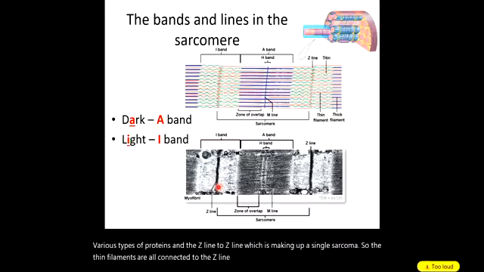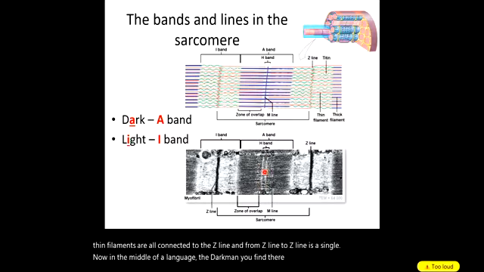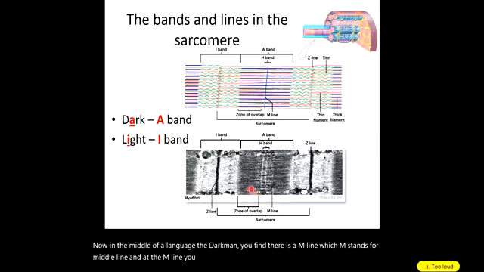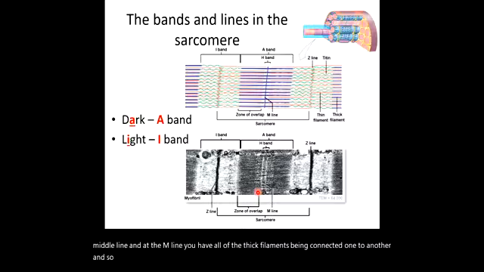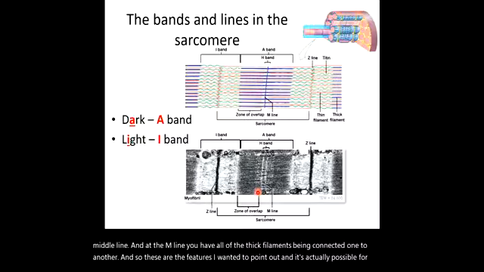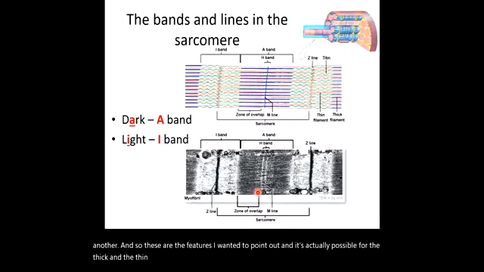Now in the middle of the A band, which is the dark band, there is an M line, where M stands for middle line, and at the M line you have all of the thick filaments being connected one to another. These are the features I wanted to point out, and it's actually possible for the thick and the thin filaments to slide across one another as the muscle contracts, and we'll see how that takes place.